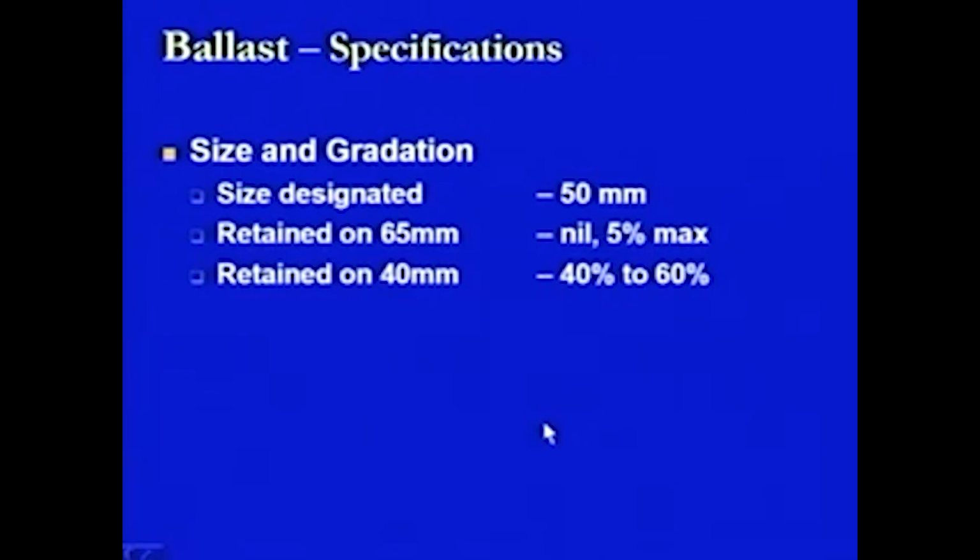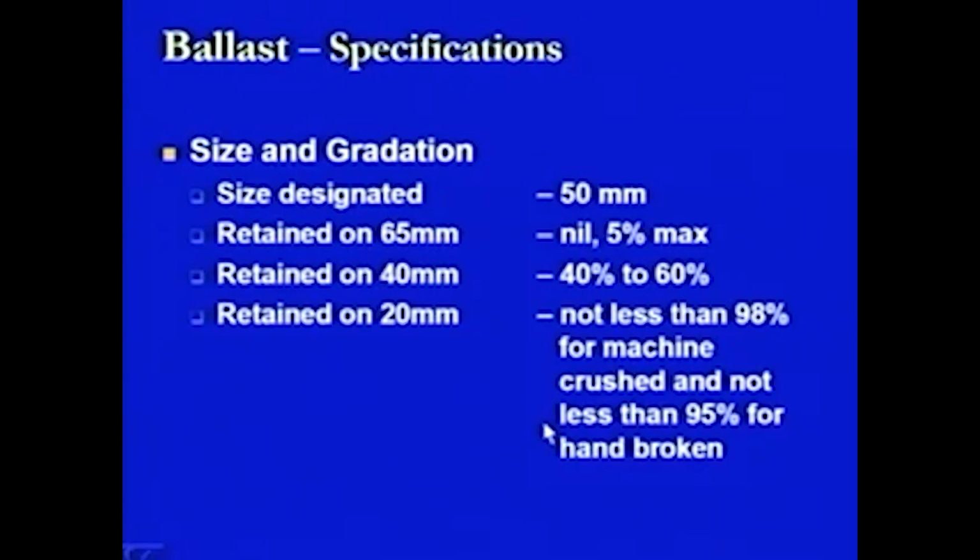Then the retention on 40 mm should vary between 40% and 60%. And the retention on 20 mm should not be less than 98% for the material which is machine crushed, whereas in case the material is hand broken, it should not be less than 95%. So, this is the specification of the ballast.